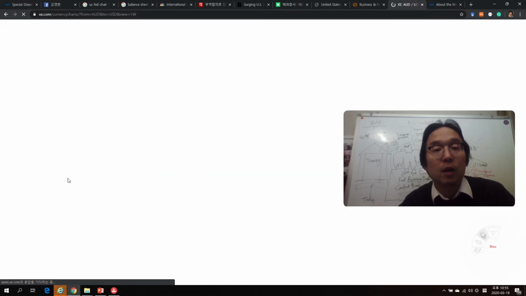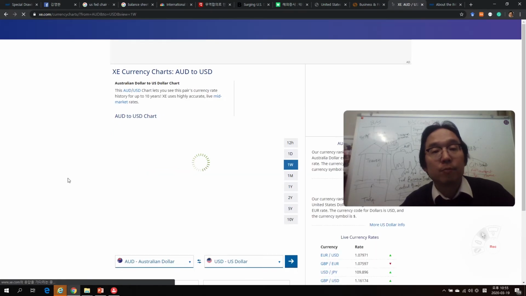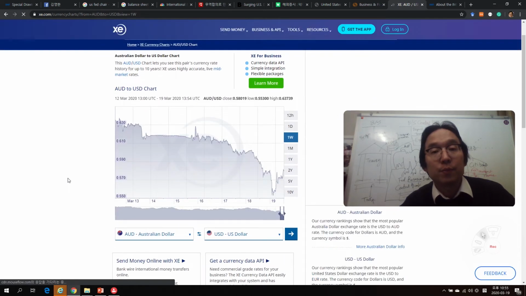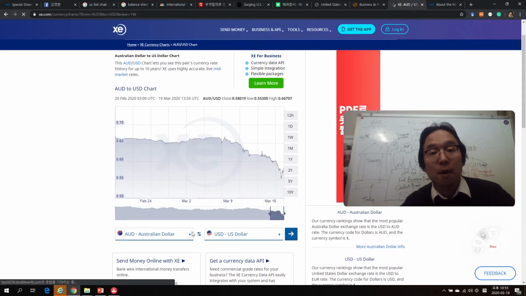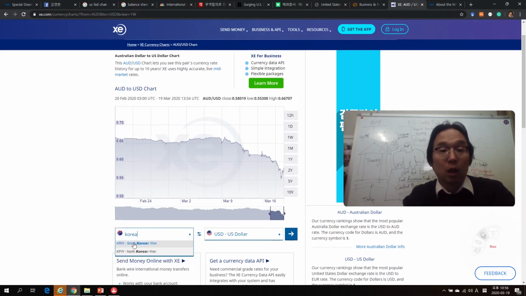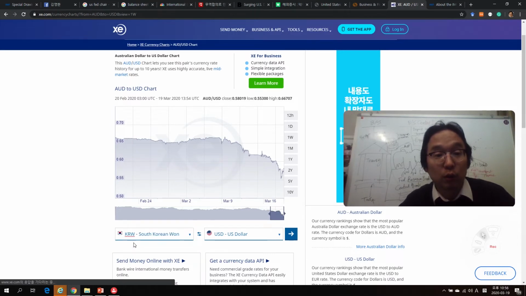One Australian dollar is now 0.57 US dollars. Can we expand this chart a bit? Yeah, like this. Now, how about the Korean won? Yes, over here.